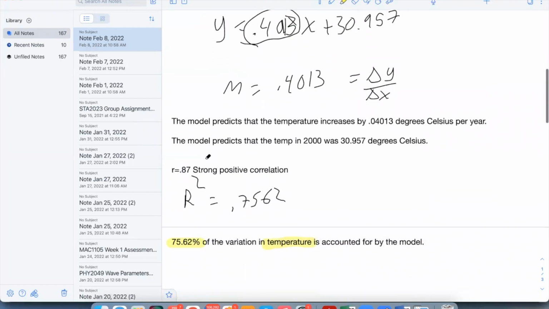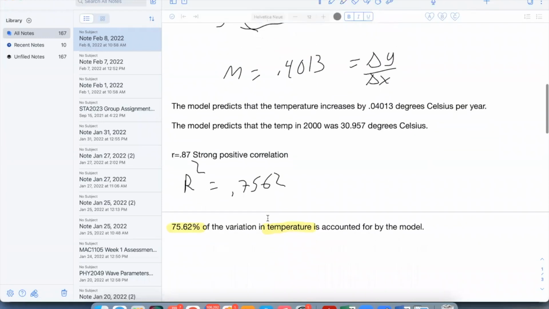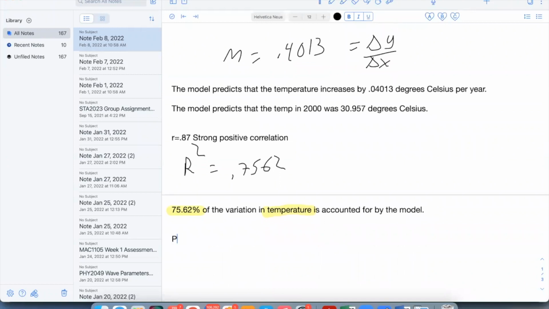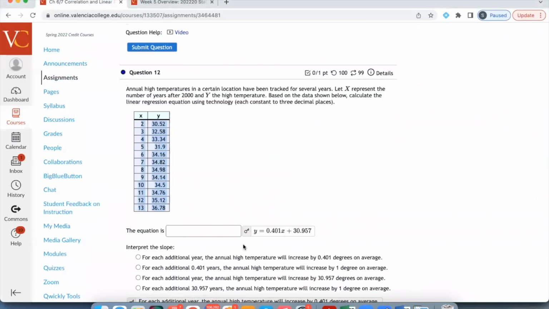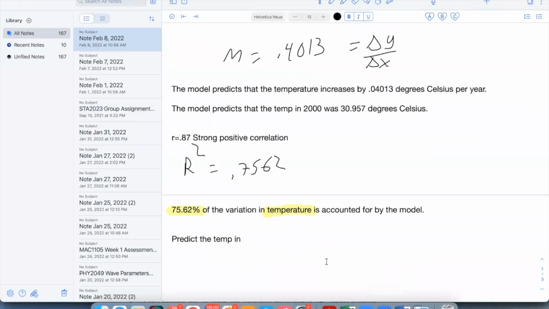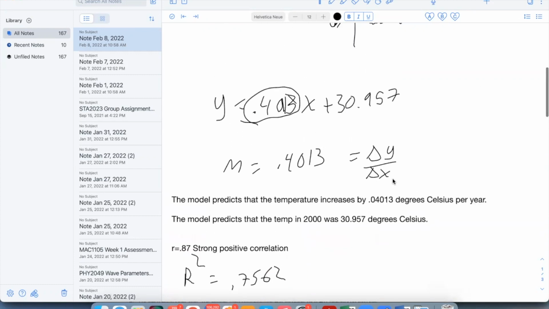Okay, let's make a prediction. Let's predict the temp in, oh, I don't know, what was our highest x? 13, let's say 15. So that would be the year 2015. If I plug 2015 into this, let's do that.